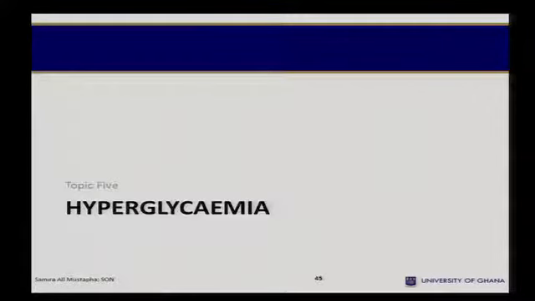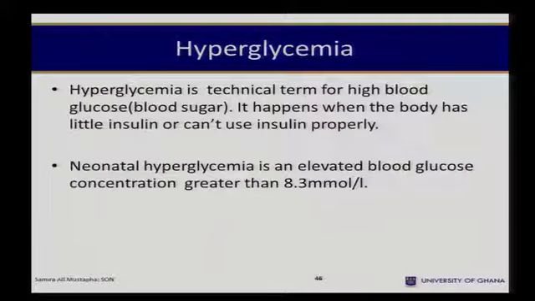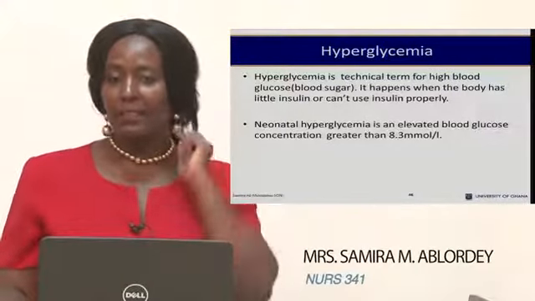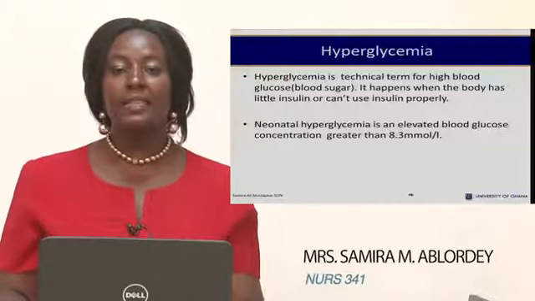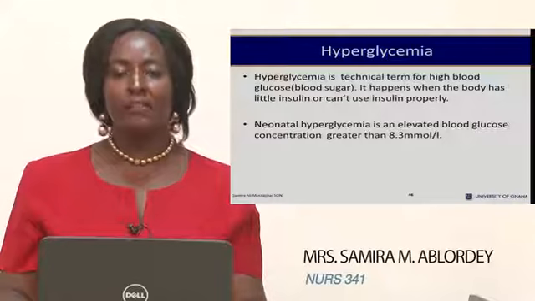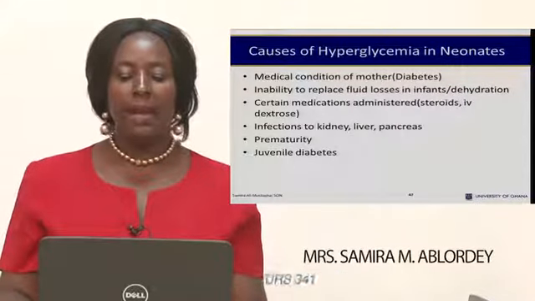So the fifth topic we'll look at here is hyperglycemia. This is when the blood sugar level is higher than normal. So when it is elevated above 7 or even greater than 8.3 millimole per liter, then we say it is diagnostic of hyperglycemia.